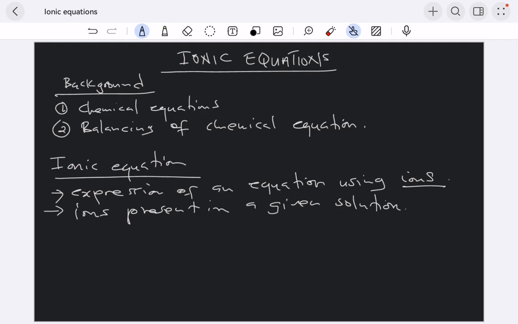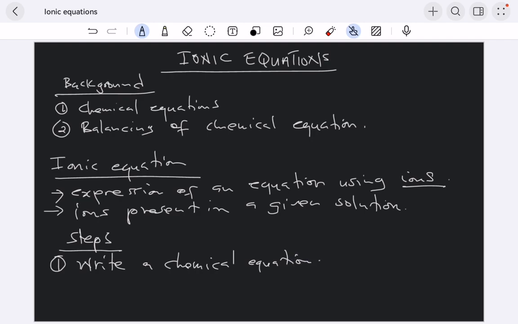Right, so what are some of the key important things that we're supposed to take note of when we are dealing with an ionic equation? So we have what we call the steps. The first thing that we're supposed to pay attention to is, first, we have to know how to write a chemical equation.